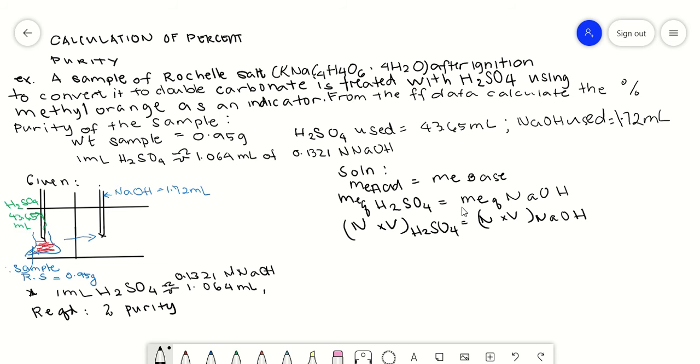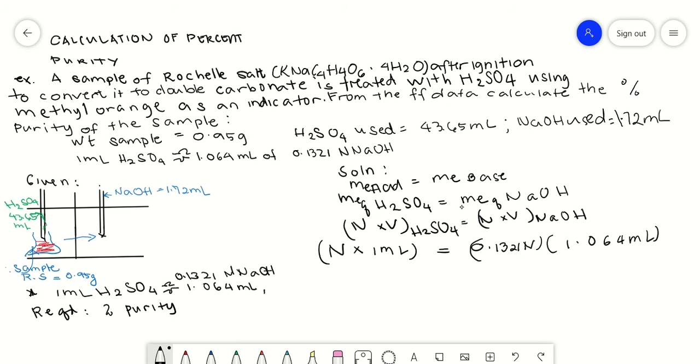Milliequivalents of sulfuric acid is equal to milliequivalents of sodium hydroxide. Substituting the values, we do not know the normality of sulfuric acid, times the volume used, which is 1 ml, is equal to the normality, which is 0.1321 normal of sodium hydroxide times the volume, which is 1.064 ml.